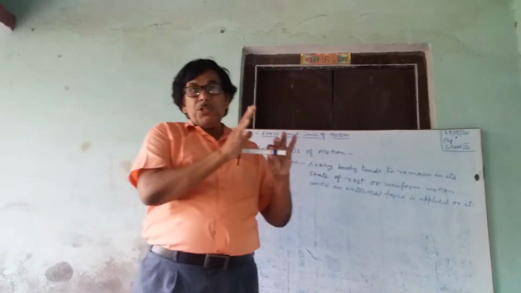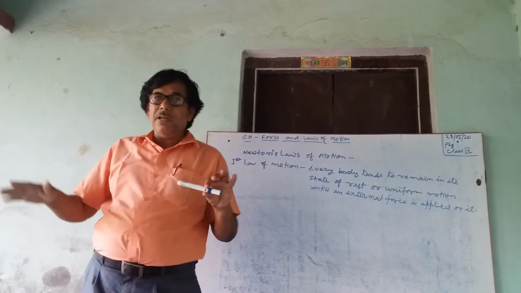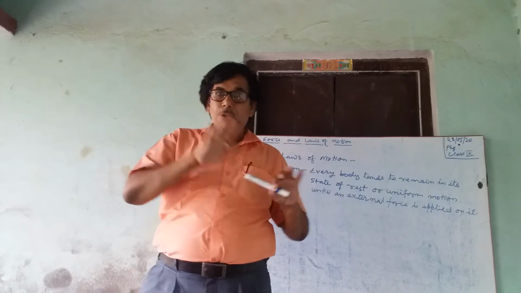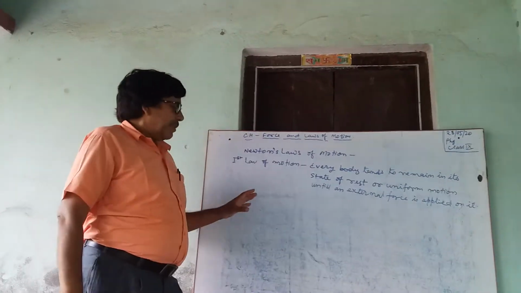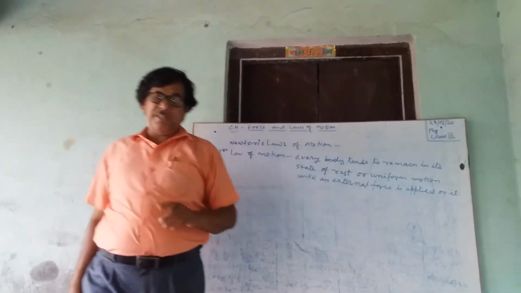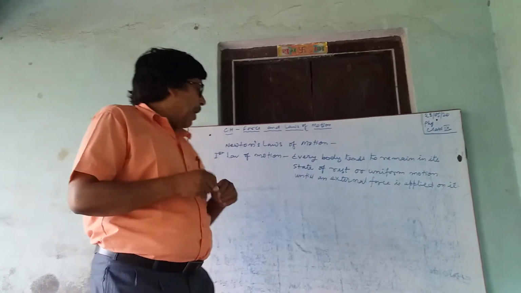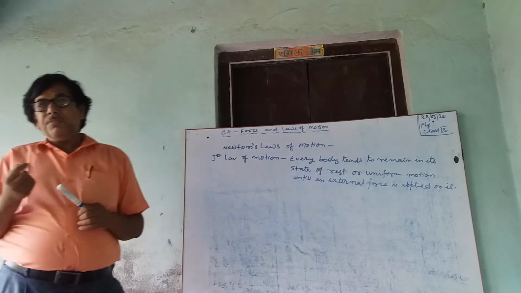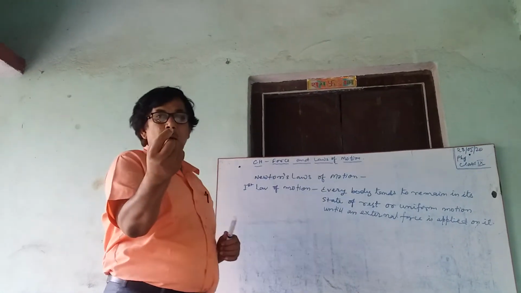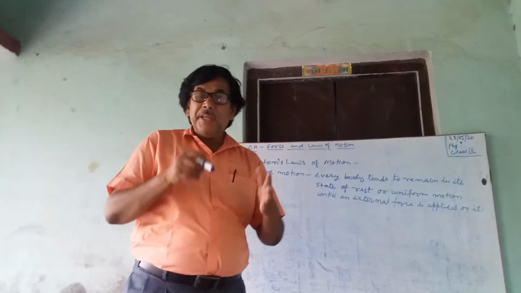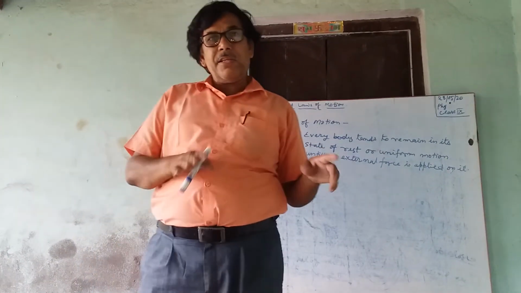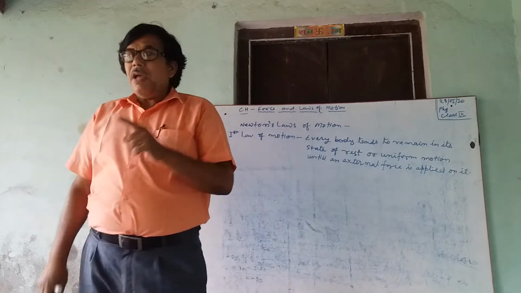If a body is in motion, it will remain in motion if we apply no force. Thus, this law has two parts. From the first part, we get the property of the body that keeps the body at rest or in uniform motion.